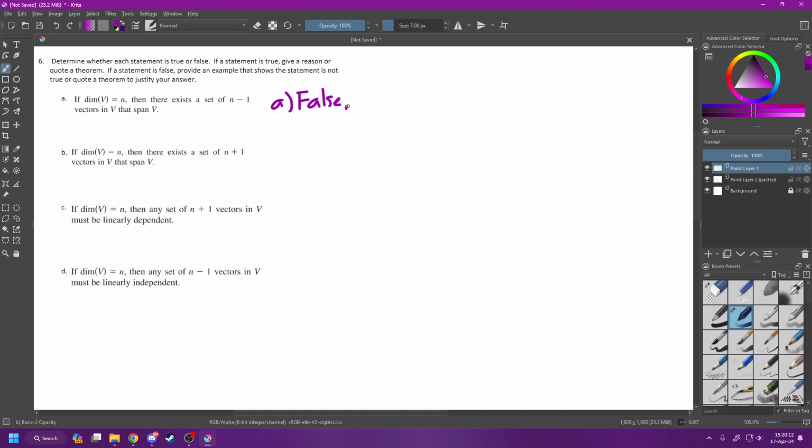This is because for a set to span a vector space V, there must be at least as many vectors within that set to match the dimensionality of said vector space. For example, if the dimension of V is equal to 3, this would of course be in R3, then there would have to be a set of n minus 1, or 2, vectors that are able to span R3, which is simply not true, as they would be missing one dimension.